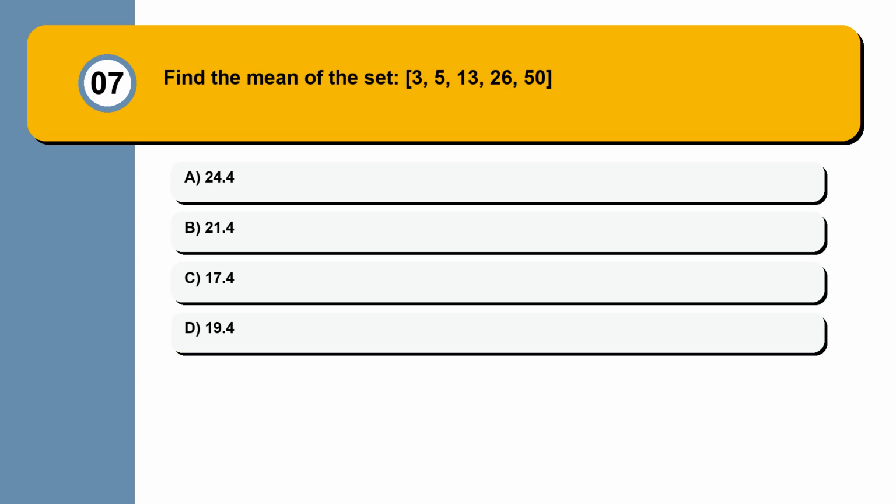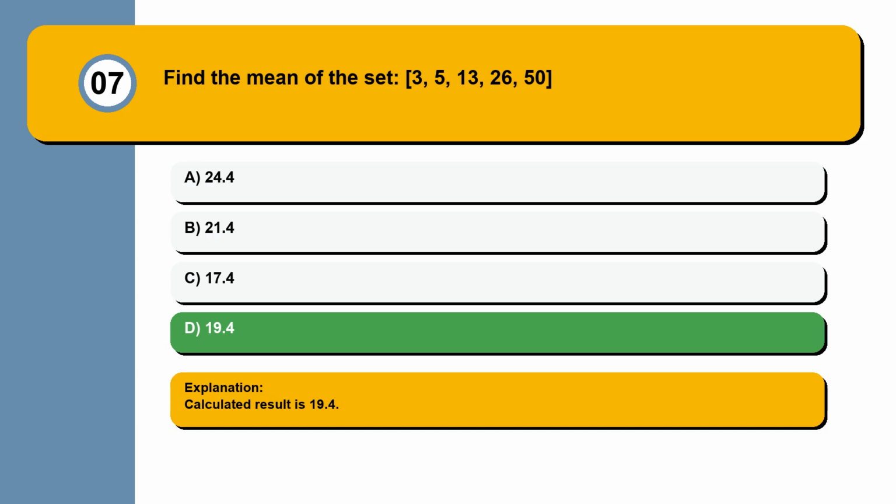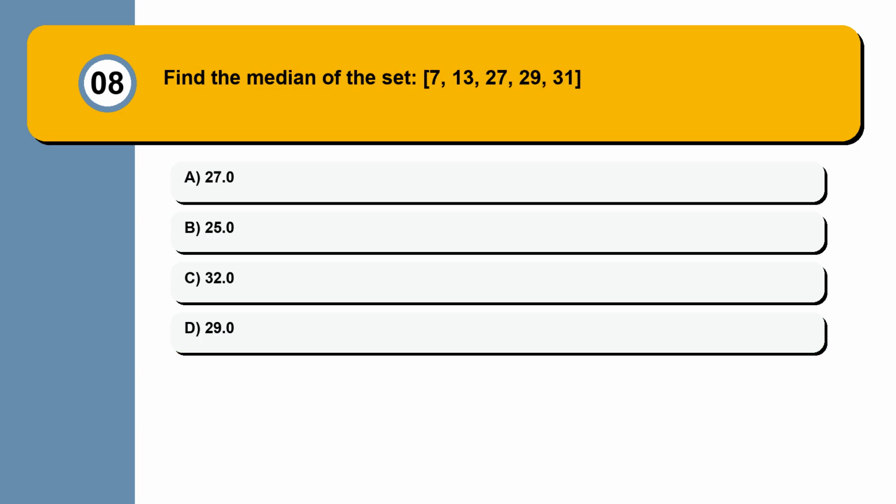Question 7. Find the mean of the set 3, 5, 13, 26, 50? 24.4, 21.4, 17.4, 19.4. Calculated result is 19.4. Question 8. Find the median of the set 7, 13, 27, 29, 31? 27.0, 25.0, 32.0, 29.0.